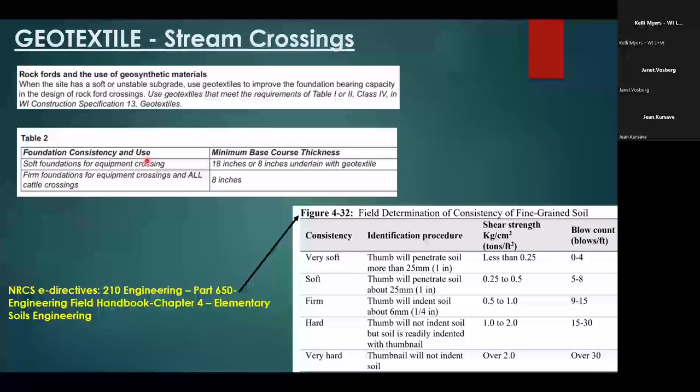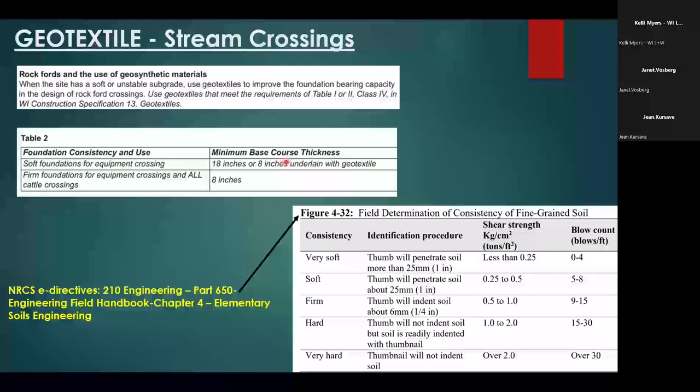Stream crossings. In the standard, there's table 2, and then some comment about using geotextiles to improve foundation bearing capacity. Well, what that means is, if you've got a super soft foundation, let's say you poke a probe down in the stream bed and you're going all the way down 3 feet before you hit anything solid, you might want to consider geotextile there, because the cost of bringing in 3 feet of stone of different varieties could be cost prohibitive.